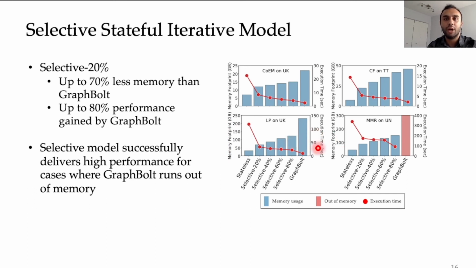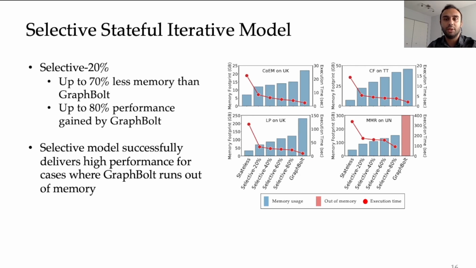As expected, our selective model gracefully balances memory consumption with execution time. As the percentage of tracked vertices increases, it consumes more memory and delivers faster results. Interestingly, by tracking only 20% of vertices, the memory footprint reduces by up to 70%, while still retaining 80% of the performance benefit achieved by GraphBolt.